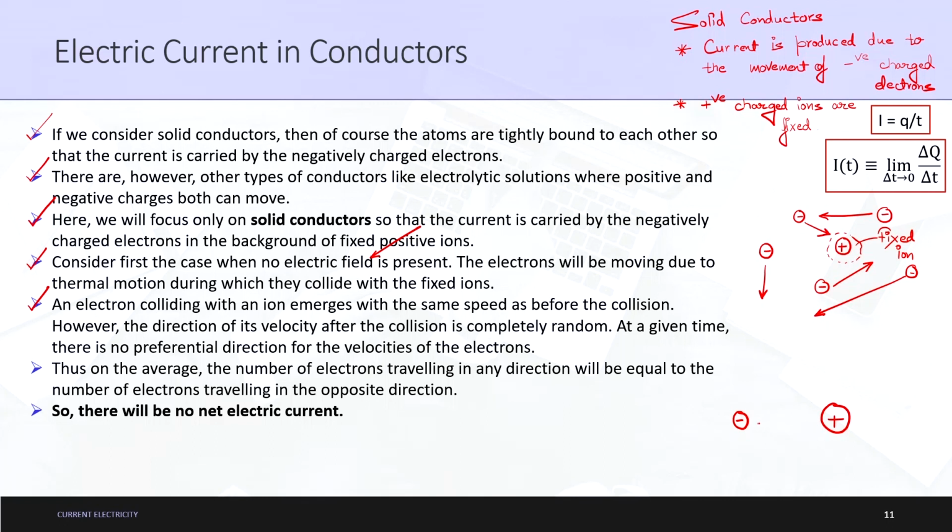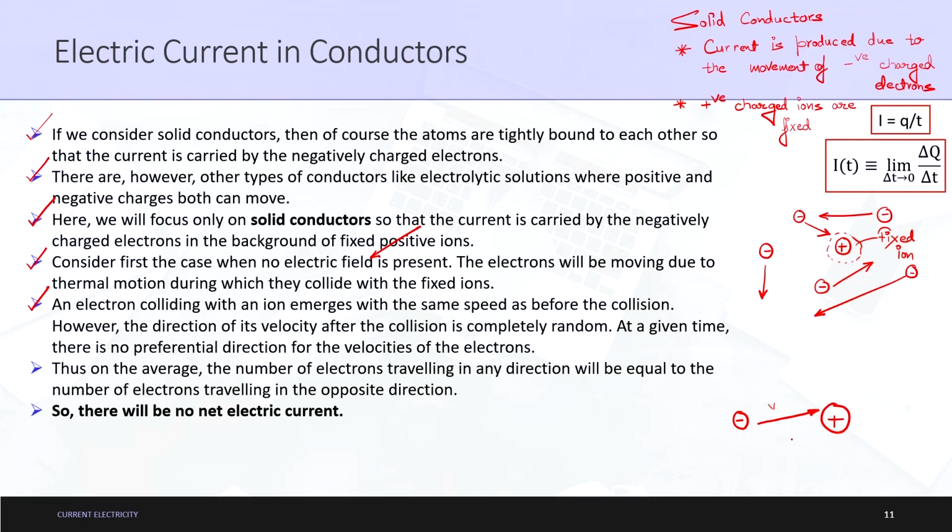Let us suppose this was the direction of movement of the charge through which it hits the positive ion. Please make sure here the positive ion is fixed. Now, let the velocity be v. Then it says that the velocity of the electron in the revert back direction will be the same before collision and after collision, but only the direction may vary.